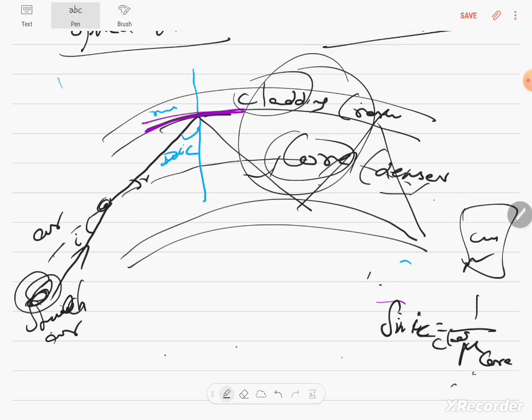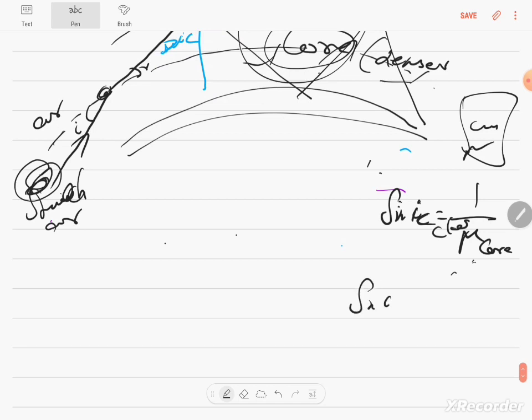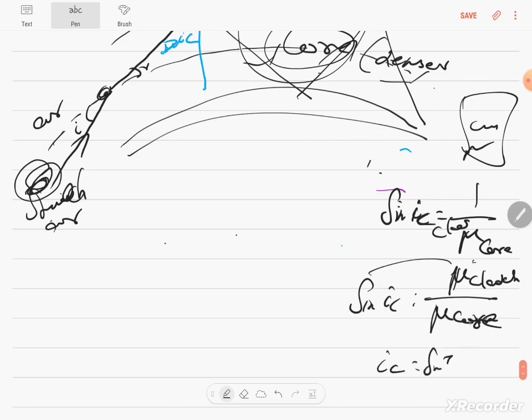So sin IC is therefore 1 by mu of core by mu of cladding, so the mu of cladding will go up. If you do this, you can find IC. Take the sin to the other side. This will be some number, and so then you will get a critical angle.